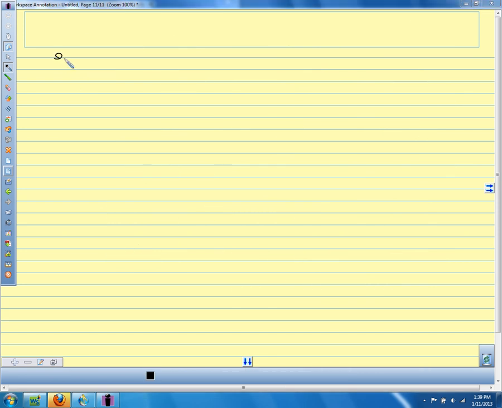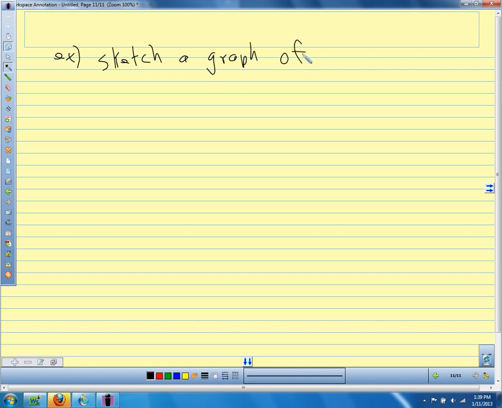If we want to sketch a graph of x to the third minus 2x squared. Well, first off, let's look at the end behavior, because we can figure that out.